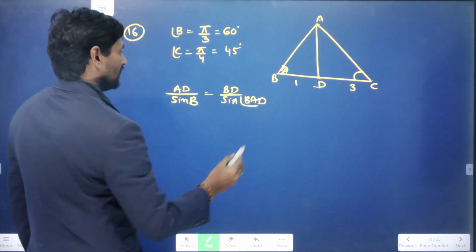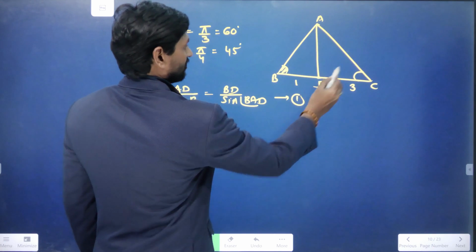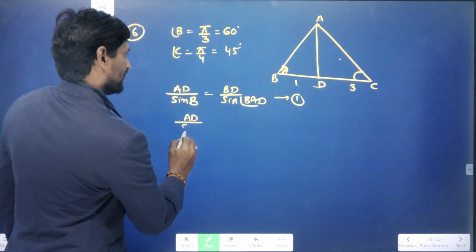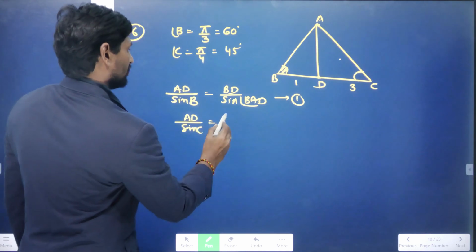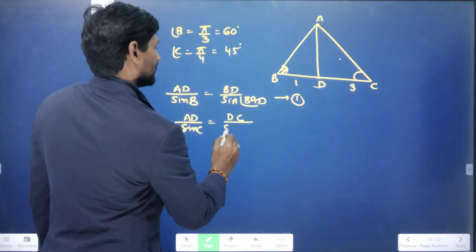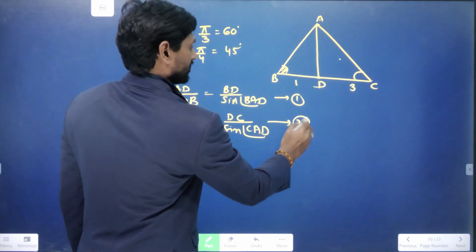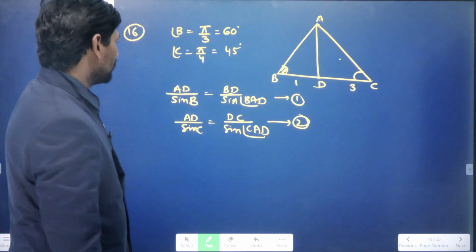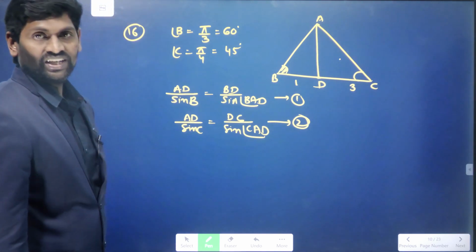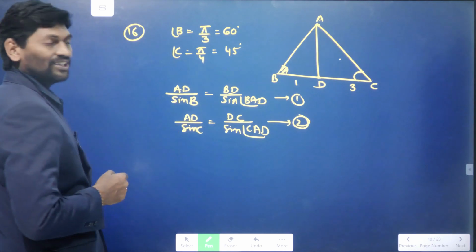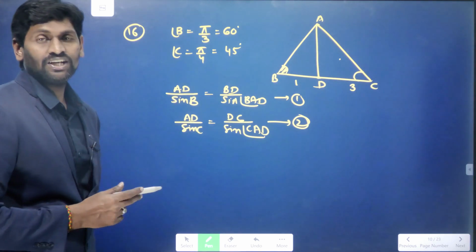Let us write it as equation 1. From this triangle I can write AD by sin C equals DC by sin A, in the sense CAD. Equation 2. Now from both of the equations, AD is a common term. Sin B is sin 60 degrees, which is root 3 by 2.